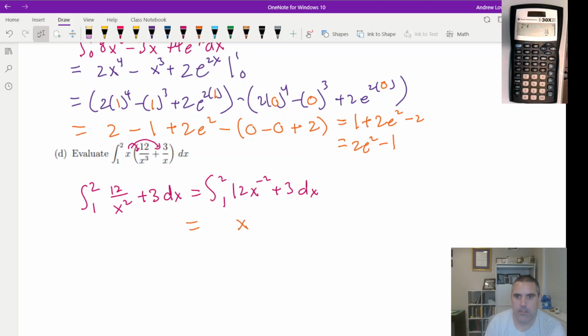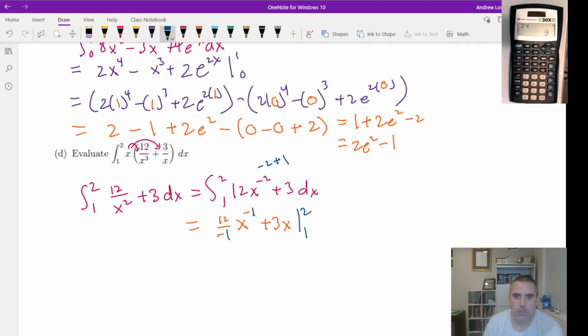So this becomes x to the negative 3, 12 over negative 3 plus 3x. I made a mistake. Notice it right away. The power should go up 1. That's the important check you should always do. I made the mistake that a lot of students make. If you add 1 to negative 2, what do you get? It becomes negative 1. This is a negative 1.